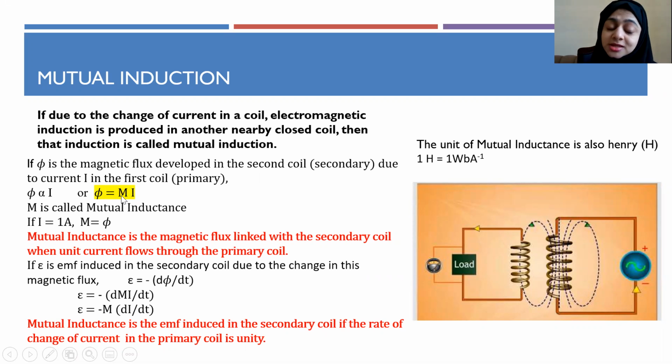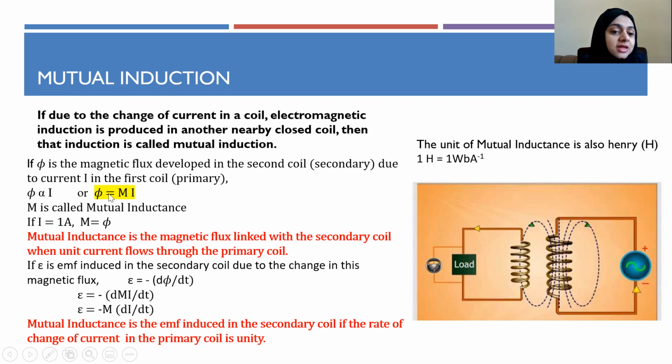So mutual inductance is represented by the letter M. Remember, what is the letter that represents self-inductance? It is L, and it will have a different value from M. So phi is equal to MI, where M is called mutual inductance or coefficient of mutual induction. Here we will call it mutual inductance.